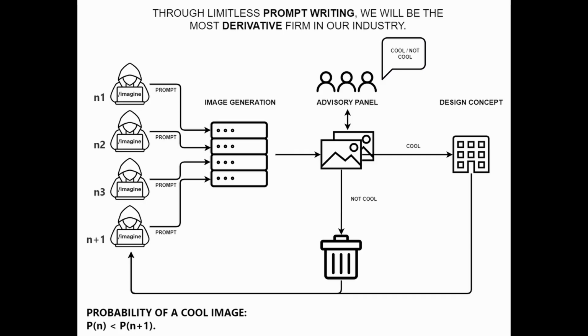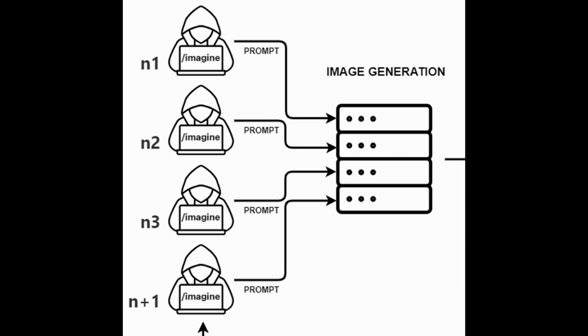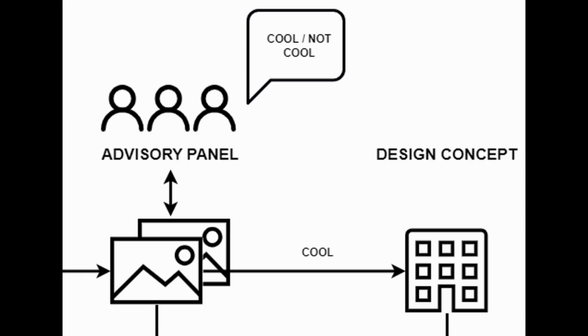The process was straightforward. End users, each anonymous, each equipped with an imagine command, submitted prompts to an image generation system. The outputs passed to an advisory panel, whose deliberative apparatus was represented by a speech bubble containing the words cool, not cool.